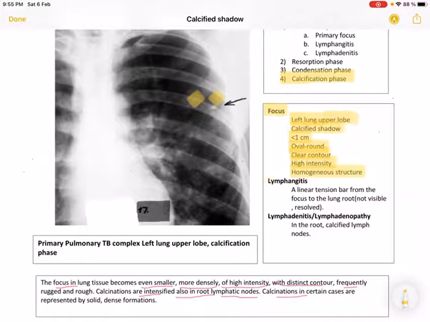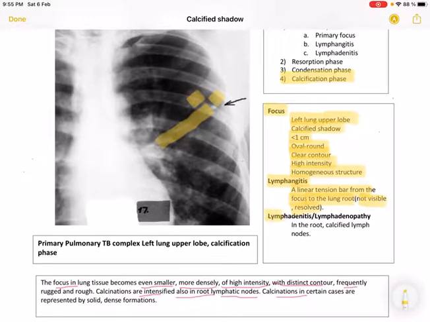If we talk about the lymphangitis, which we already discussed in our previous videos, it was a linear tension bar from the focus to the lung root. It was like this in previous videos, but here it is resolved. It is not visible anymore because it has recovered.